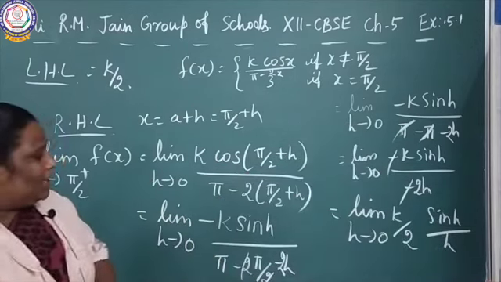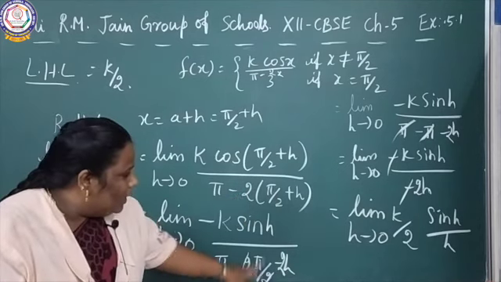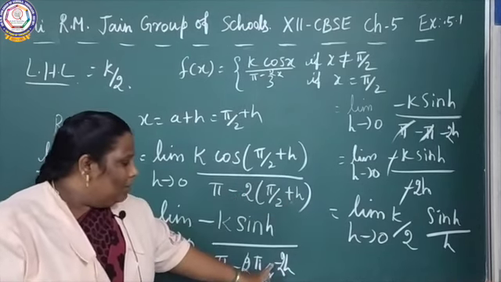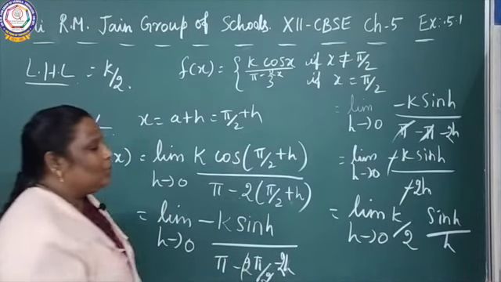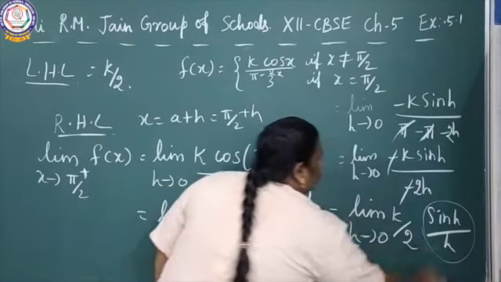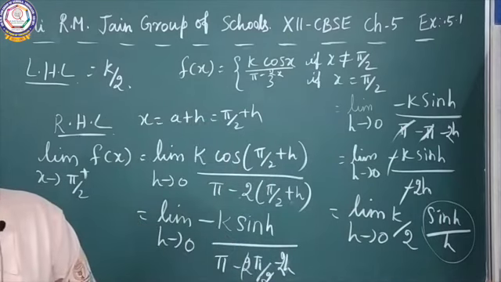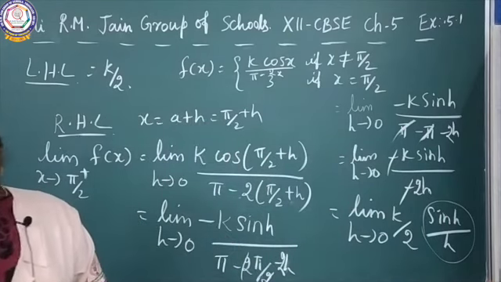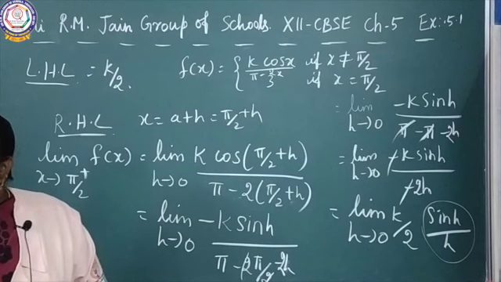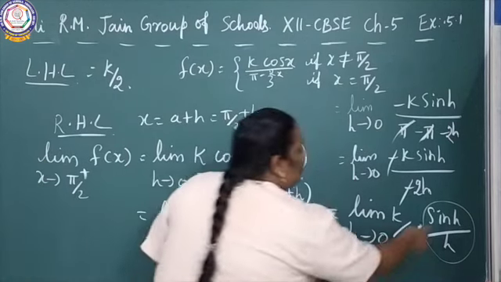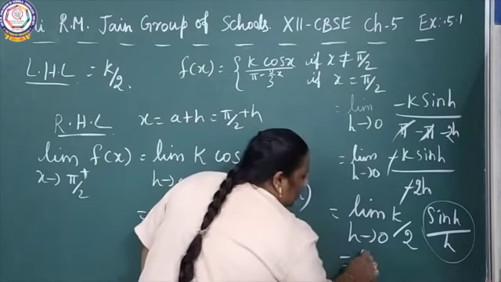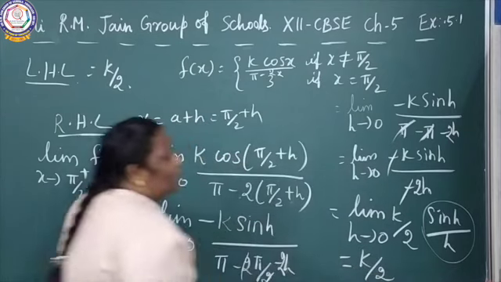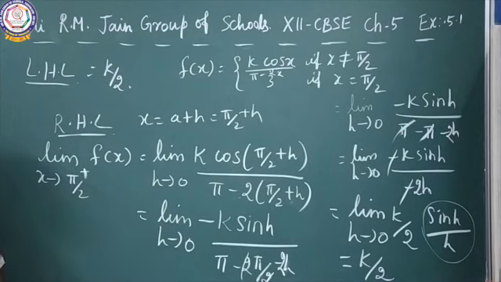What is the value of this? Limit theta tends to 0, sin theta by theta equals 1. The same way, limit h tends to 0, sin h by h equals 1. You are getting the value k by 2.